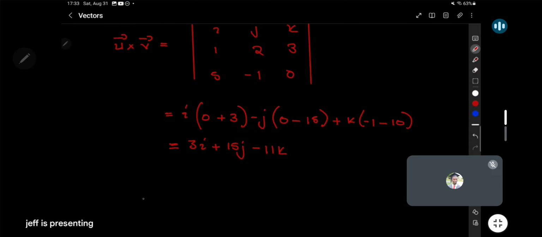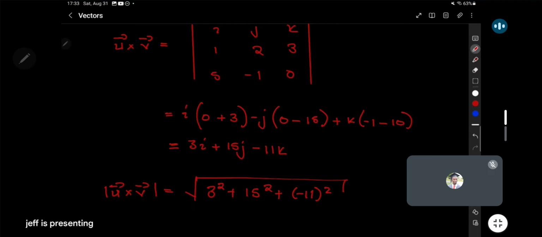So let's get the magnitude of the cross product. The magnitude of u cross v will be equal to the square root of 3 squared plus 15 squared plus minus 11 squared.